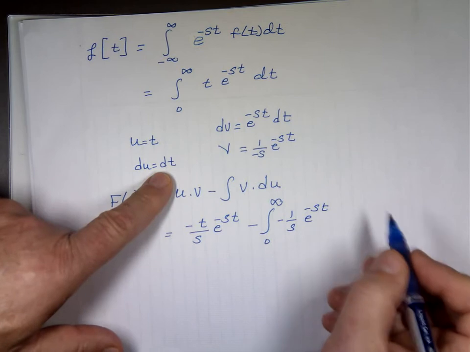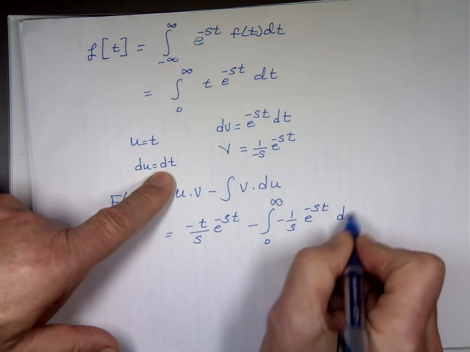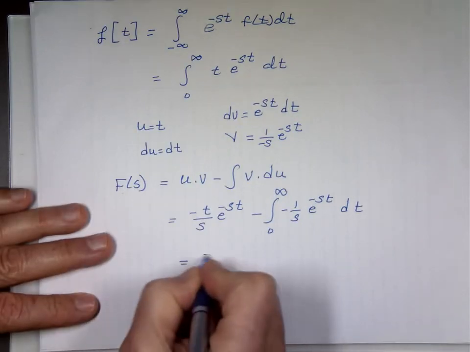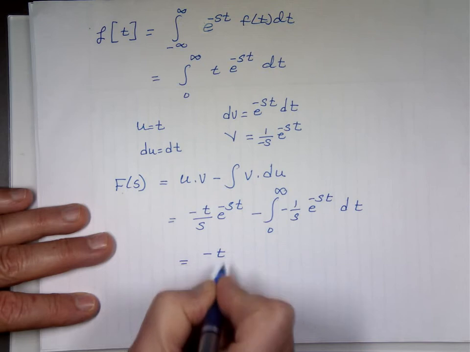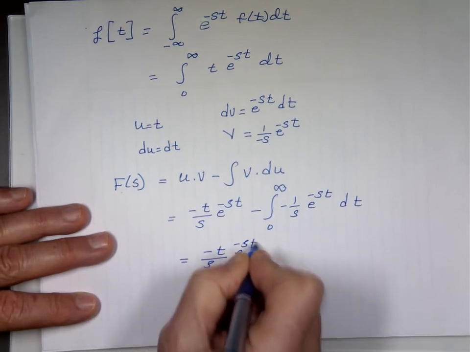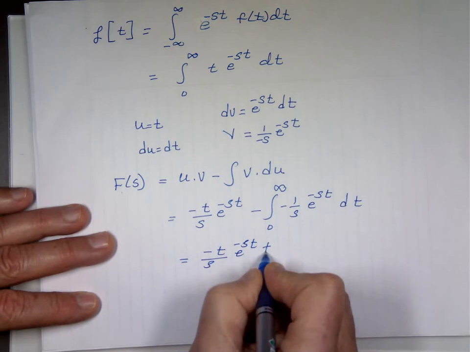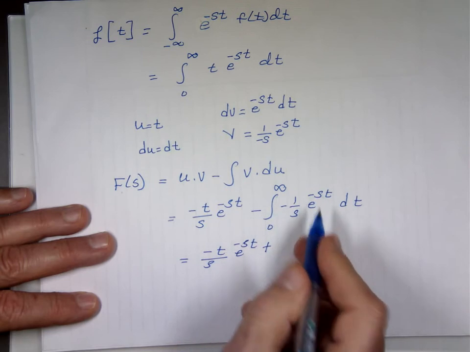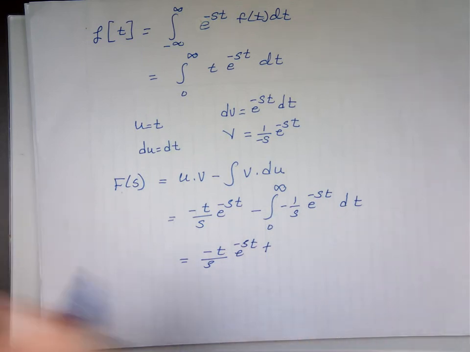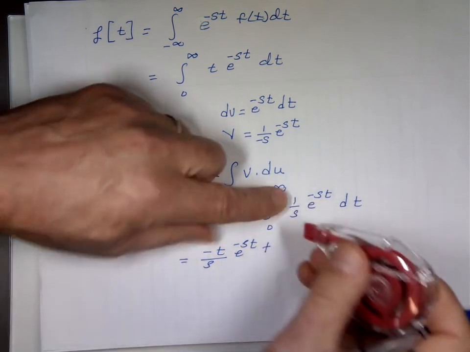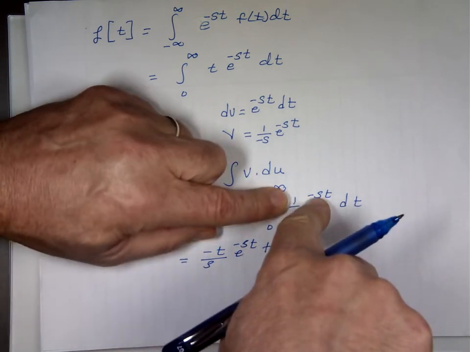And what's du equal to? dt. So what do we have? Negative t over s e to the minus st plus, this is a plus, now give me a minus, that ends up being really another minus sign. Minus a minus is a plus, but there's also another minus coming from that minus sign.